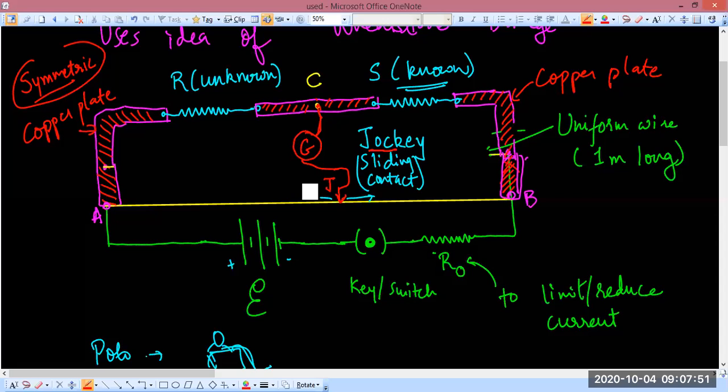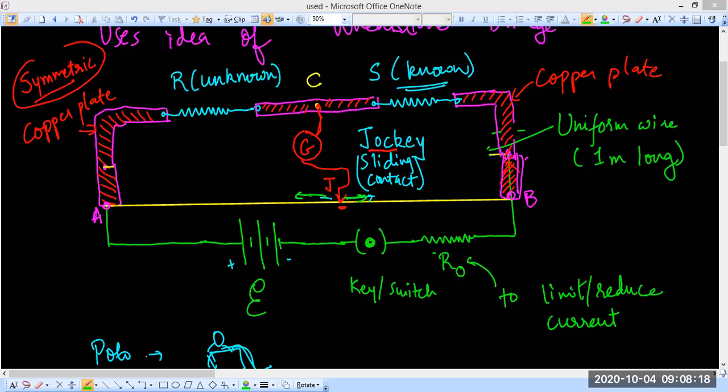As we slide this jockey either left or right, the resistance of the part of the wire will change.